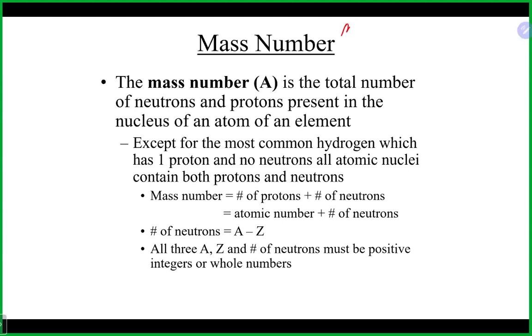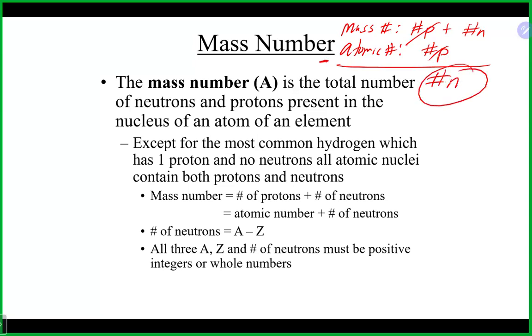If you take the mass number, which is your number of protons plus your number of neutrons, and you take the atomic number that we talked about on the previous slide, which is your number of protons, and if you subtract the two, protons cancel, that is how you figure out the number of neutrons. So if you take the mass number minus the atomic number, that will tell you how many neutrons are in an atom.